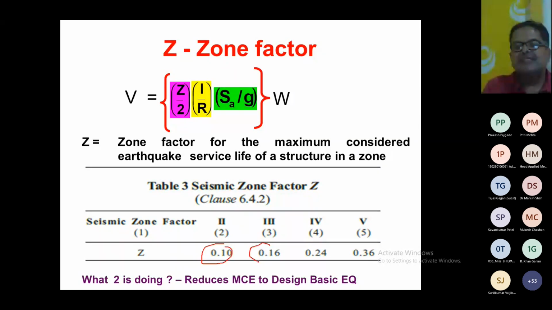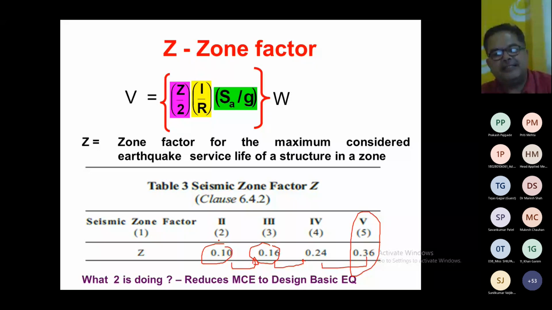Seismic zone factor: zone 3, 0.16, zone 4, 0.24, zone 5, 0.36. So zone 5 has the highest value of Z, and zone 2 has the least value.